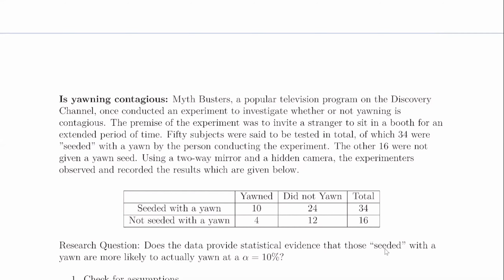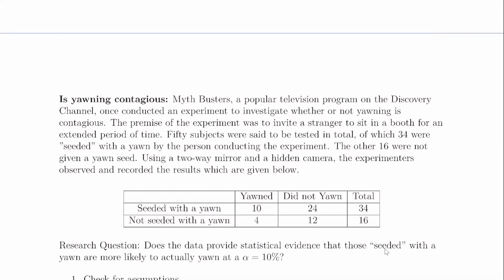They wanted to see if this person started yawning, would that make the other 34 people also yawn? So somebody in their crew started yawning first, and they wanted to see if that would make yawning contagious for the other 34 people.